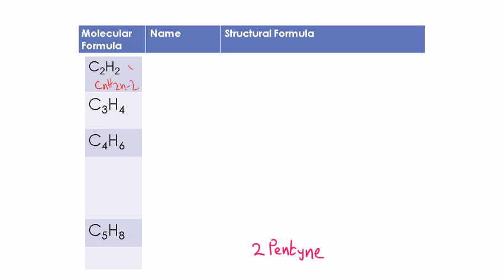So it is an alkyne, and the suffix is supposed to be yne. There are 2 carbon atoms, so the prefix is supposed to be eth, so ethyne. How can we draw? We know that yne means alkyne, triple bond. So C triple bond C, and the other valency is satisfied by hydrogen.